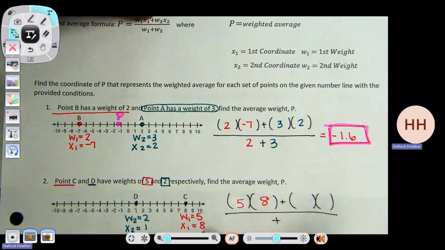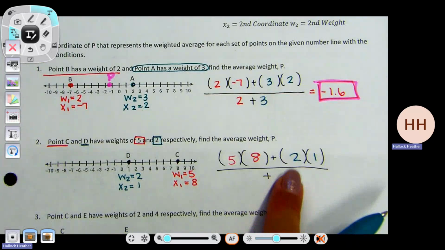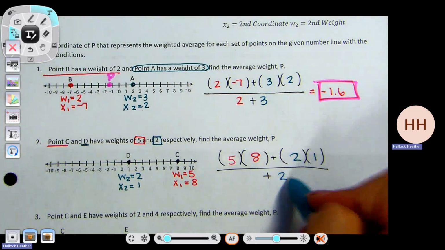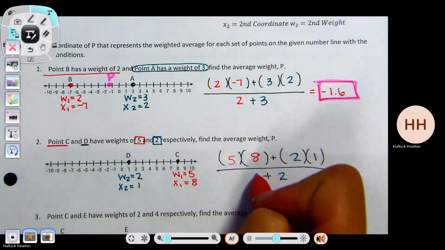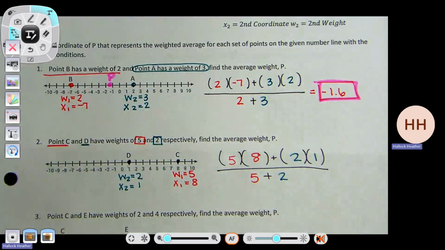So you're doing 5 times 8, and then weight times location, 2 times what? In the denominator, you're adding the weights together. So the 2 weights are 2 and 5. Take a second, and plug that into Desmos.